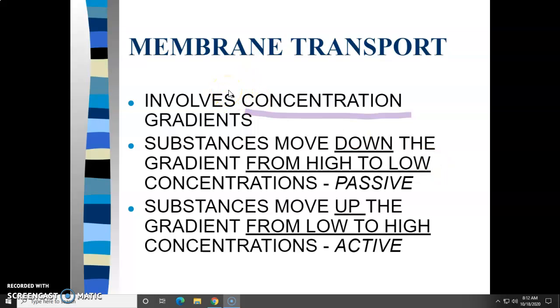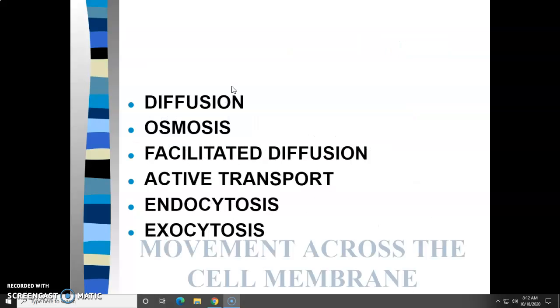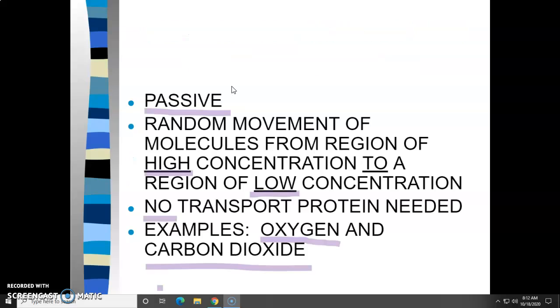So let's look at our chart here. We're going to talk about small and medium-sized molecules moving into the cell membrane. Okay, so let's talk about diffusion. That's the first one, diffusion. And find in your chart where it says concentration gradient, that's where things go from high to low. So it goes from high to low. Is that passive or active?